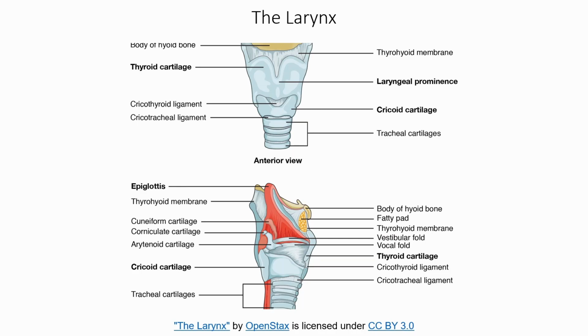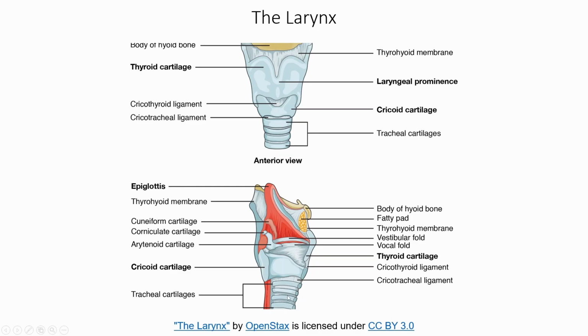Moving down, if we were to look at the inside of this, we're looking at a sagittal view here. We see a couple other things, or we see them in a slightly different format. We see that thyrohyoid membrane that we saw right up here. We see a part of the thyroid cartilage and a part of the cricoid cartilage.